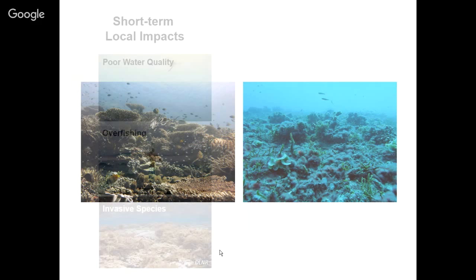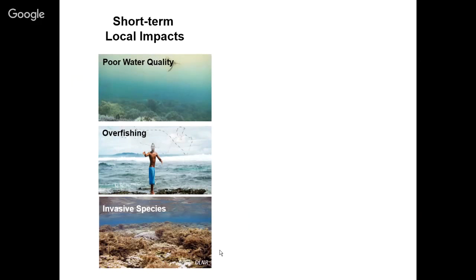And it's really important to think about diversity and the functions of these organisms, because there are a lot of impacts happening on our reefs. These are just naming a few. There's poor water quality, caused by nutrient enrichment, pollution, and sedimentation. We tend to overfish our coral reefs. As our population increases, we're just getting hungrier.